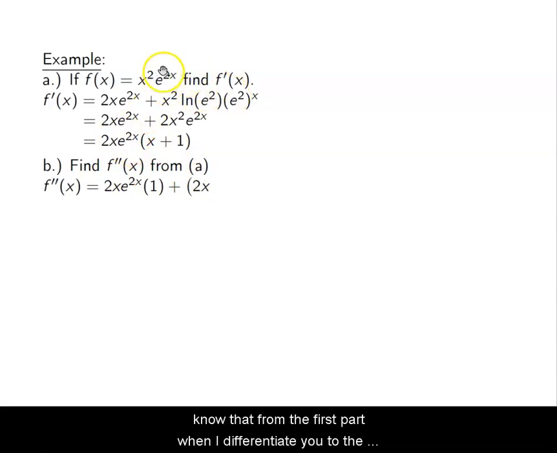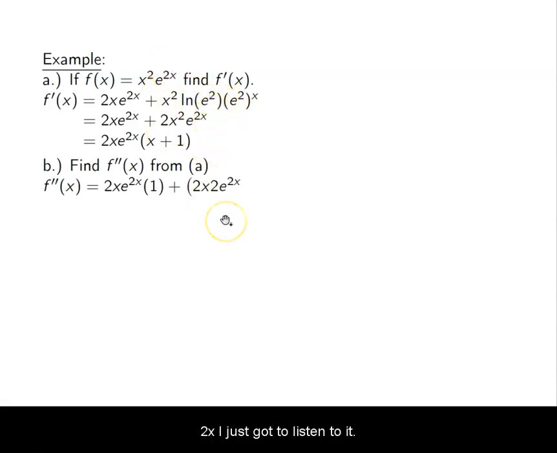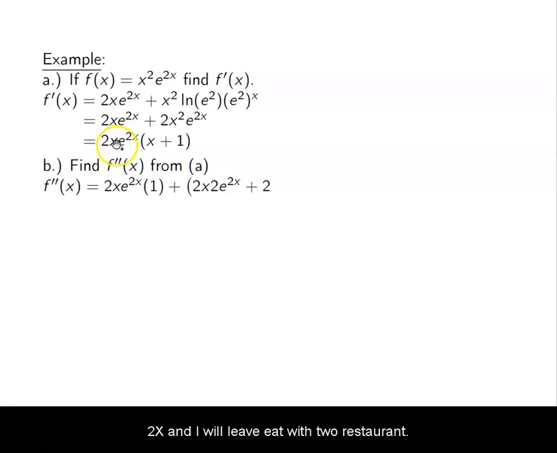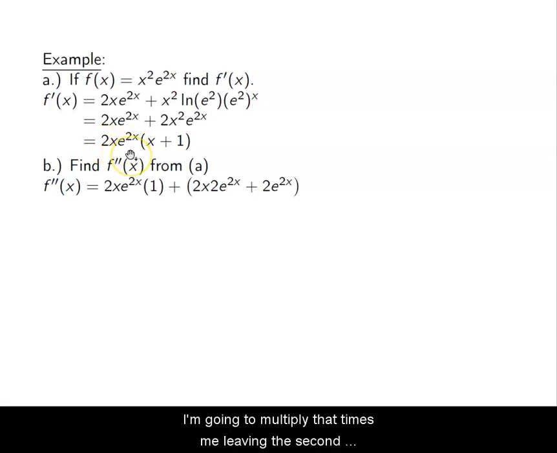I know that from the first part, when I differentiate e to the 2x, I just got 2e to the 2x. Okay. So I'm going to add to that then me differentiating the first term, 2x, and I will leave e to the 2x alone. And I'm going to multiply that times me leaving the second term alone. So you kind of have to keep track of what you're doing as you go, right?